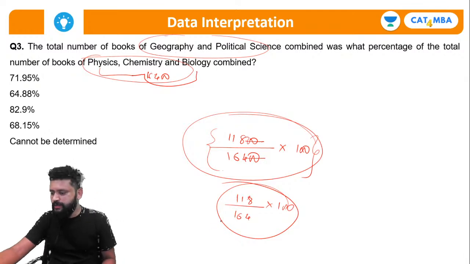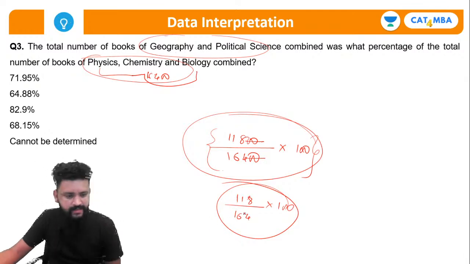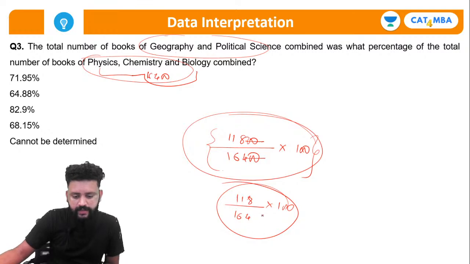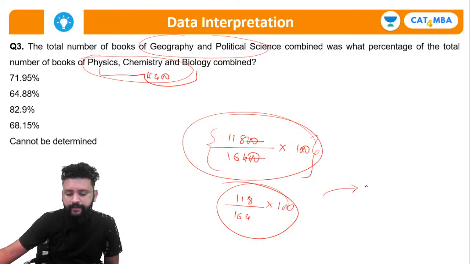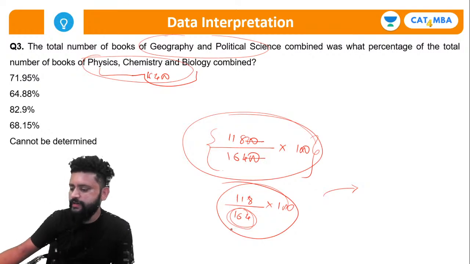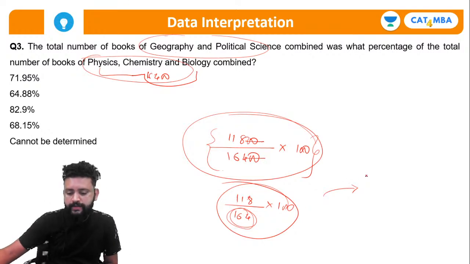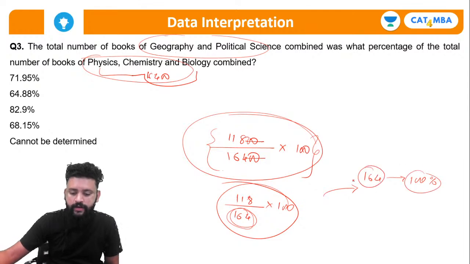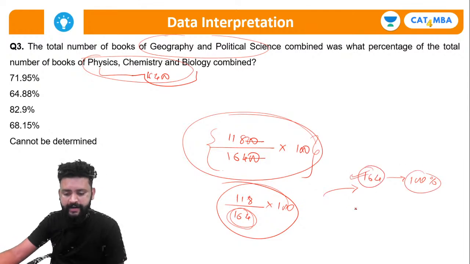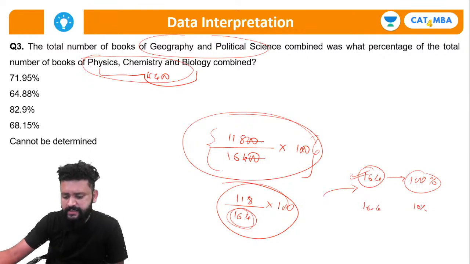Answer option A, Shubha. Sudarshana said answer option A, it is 71%. Okay, Sudarshana, I'll tell you one trick. So guys, look at the denominator. All of you will remember this trick, guys. Denominator is nothing but 100%, because the comparison in percentage is with the denominator. If 164 is 100%, then how much will 10% be? 10% will be 16.4.